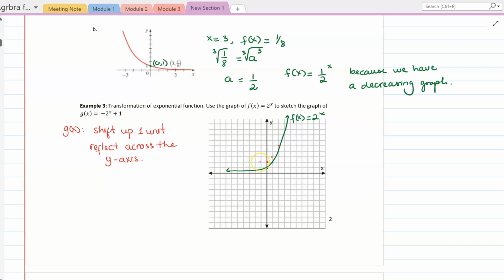Excuse me, across the y-axis. So this is the graph of g of x equals negative 2 to the x plus 1.